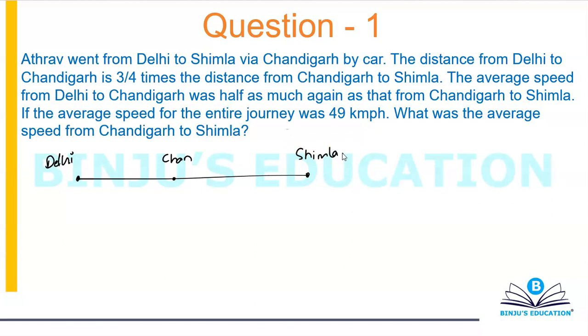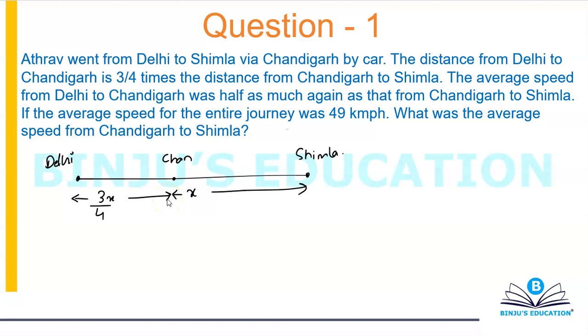The distance from Delhi to Chandigarh is 3/4 times the distance from Chandigarh to Shimla. Now there are two ways of understanding this. One is you can take the Chandigarh to Shimla distance to be x, which will give you Delhi to Chandigarh as 3x by 4.